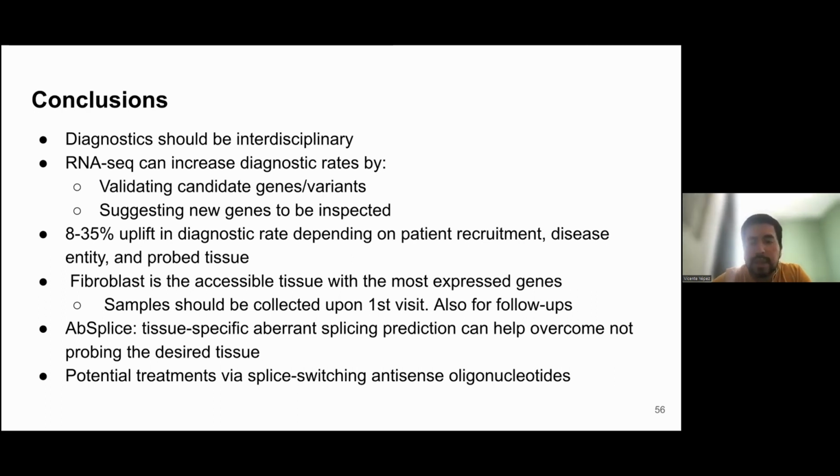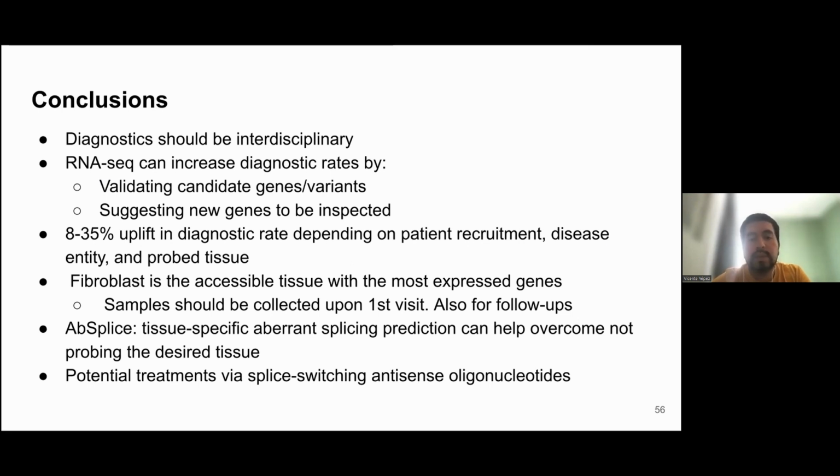Why is this? We think it depends on how you recruited your patients. Sometimes there are already candidate variants, sometimes not. Also, the disease entity and the probed tissue might have a say there, but this is more or less the standard rate of diagnosis. Then we have seen that fibroblasts are the accessible tissue with the most expressed genes with respect to blood and muscle.